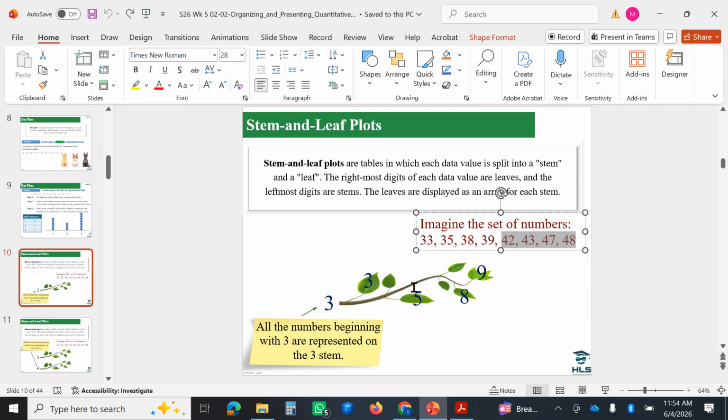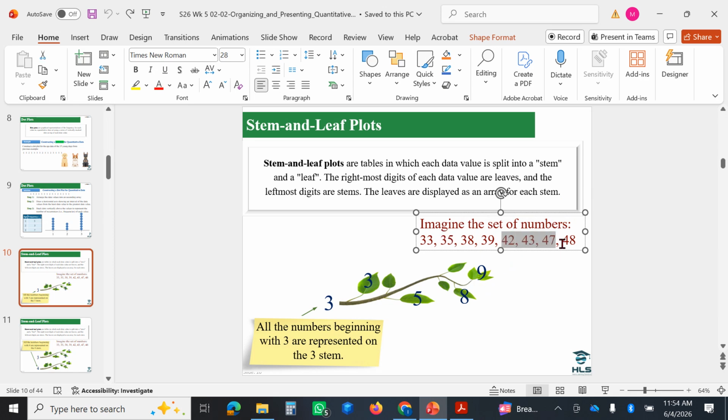And this is a stem of all the numbers in the 30s, and you'll see there, on the tree trunk there's the 30, and here are the ones: 33, 35, 38, and 39.